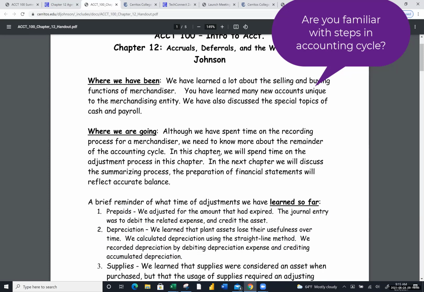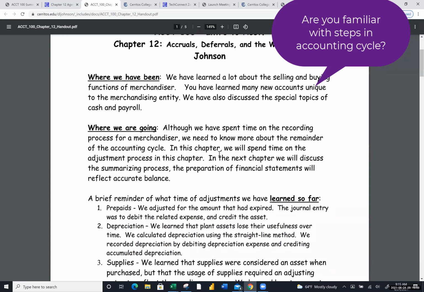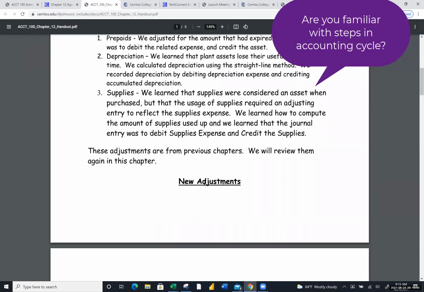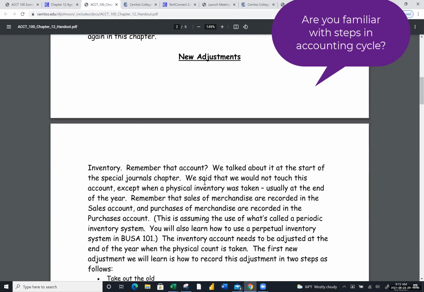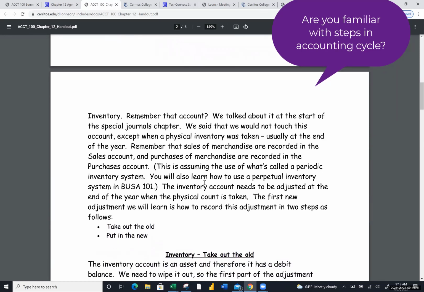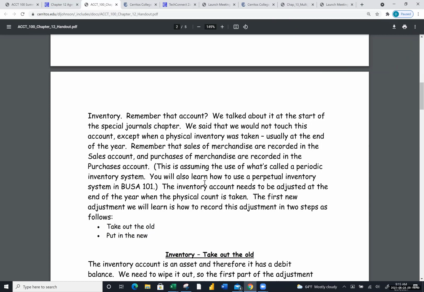But because we're dealing with the merchandiser, not only do we have those three old adjustments that we learned in chapter 5 already, we now have a bunch of new adjustments. And so this is where we're going to pick up today. Inventory: I showed you what the income statement is going to look like in chapter 13, and we said the biggest calculation on that income statement was something called the cost of goods sold.